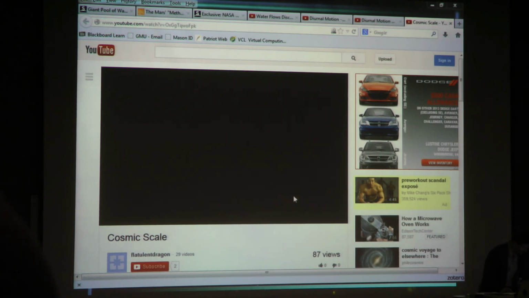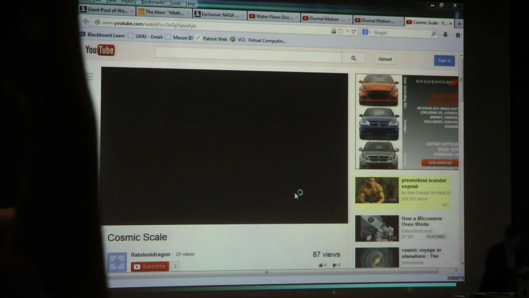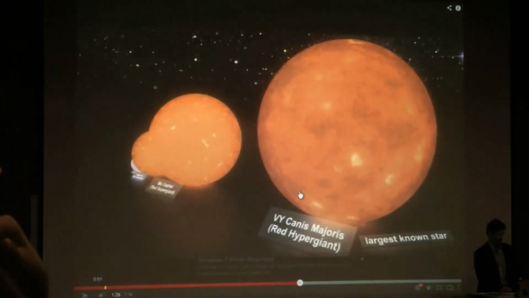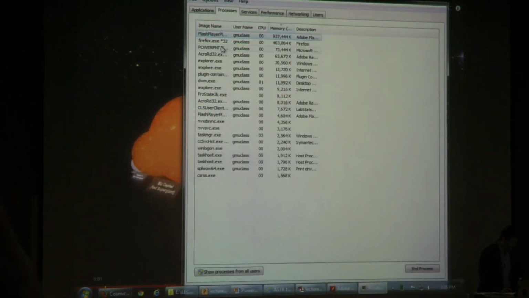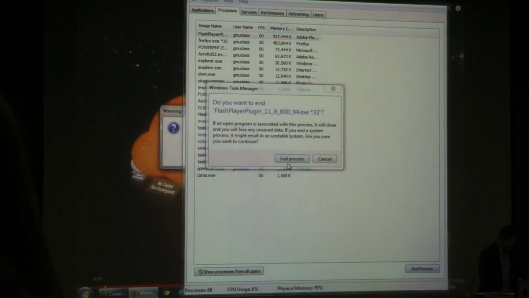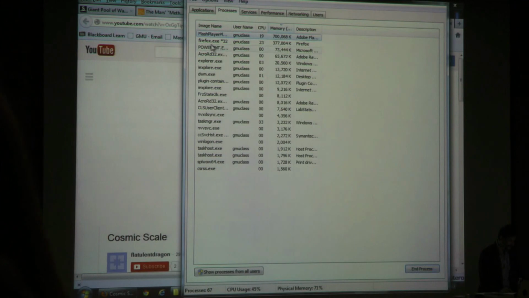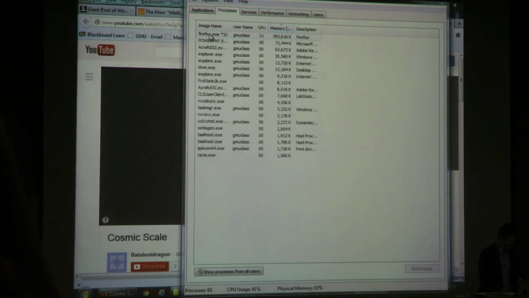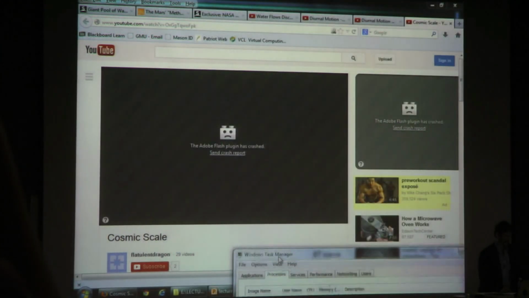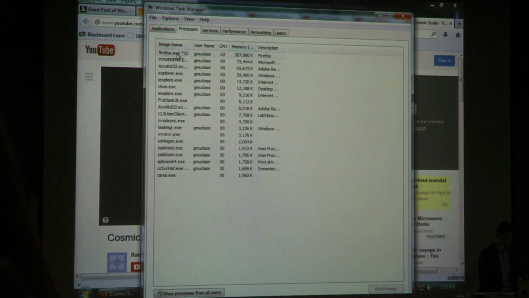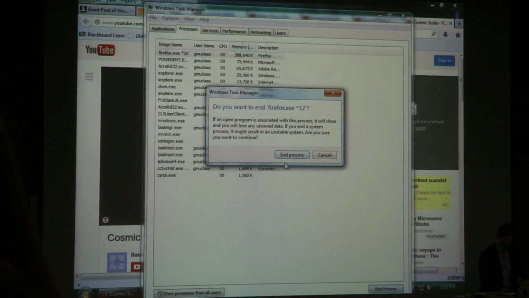All right. You can deal with this. We're trained. Try refreshing it. Task manager. Flash player. Firefox 2. Yeah. Kind of crashed. Not happy. Okay. It's a sad one.